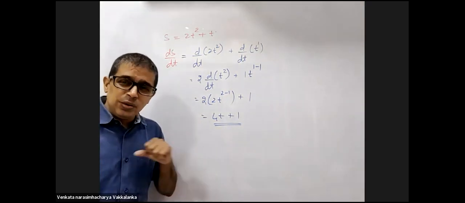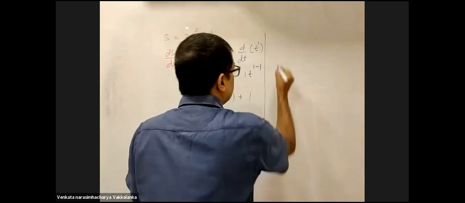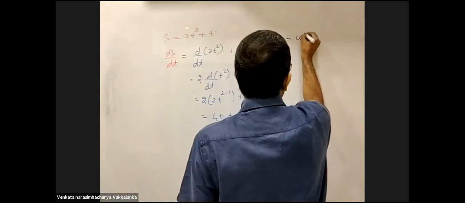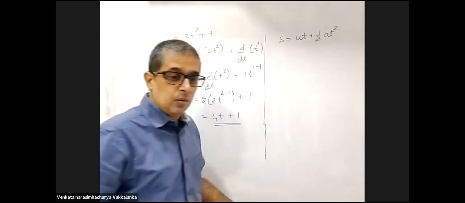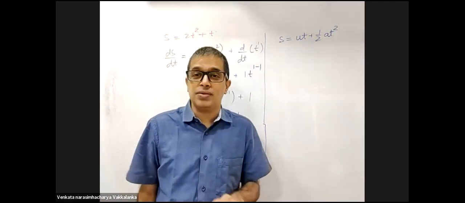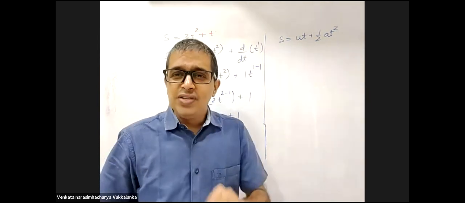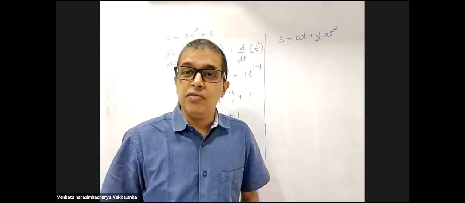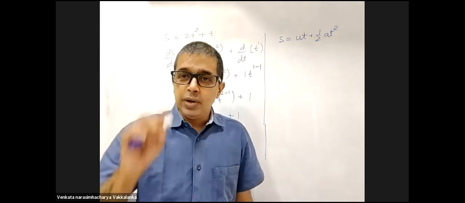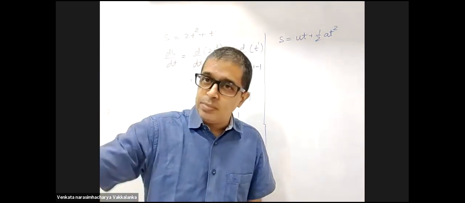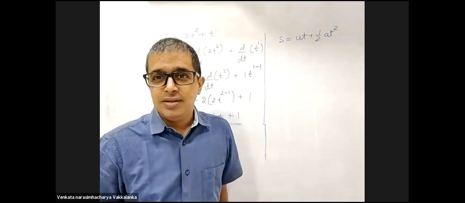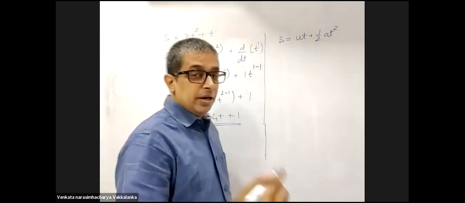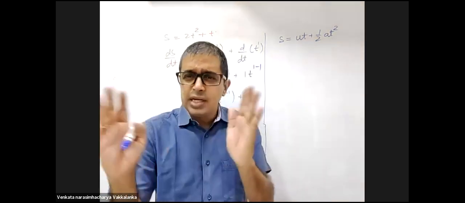Why did you do this as a function of time? Please listen. s is equal to ut plus half at square. I am showing you the requirement of calculus in physics. In physics, when you were told the formula v equal to u plus at, you were told that is the velocity at time t equal to 1 second or 2 seconds or 3 seconds. You were never told about time intervals and all this.